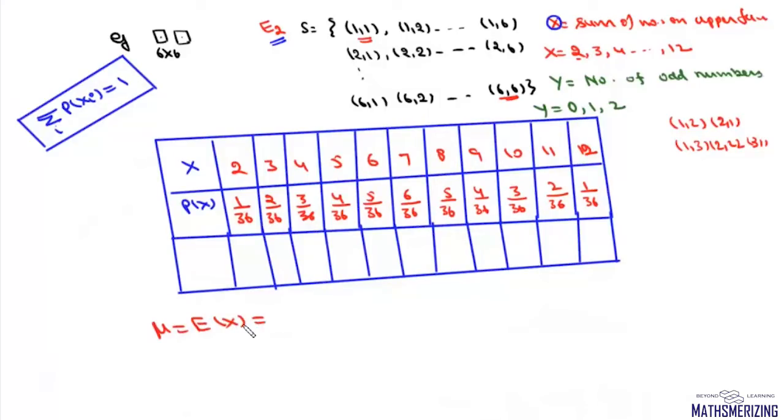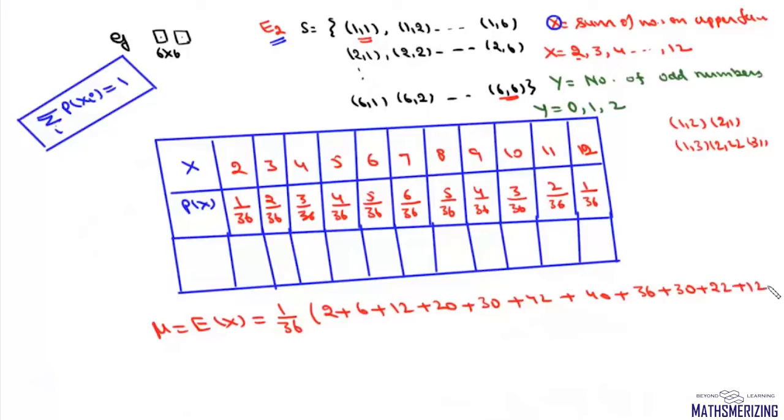So the mathematical expectation of x will be, we'll take this 1/36 common from each, and then we'll have 2 plus 6 plus 12 plus 20 plus 30 plus 42 plus 40 plus 36 plus 30 plus 22 and plus 12, which is 252 divided by 36, which is 7. So the average value of this random variable x is 7.